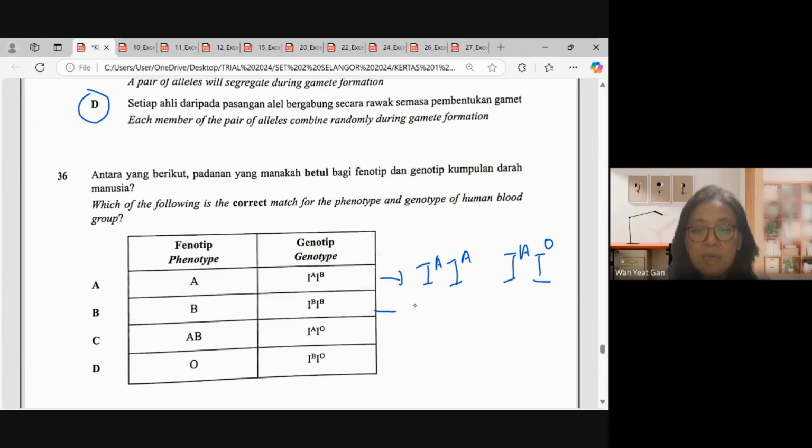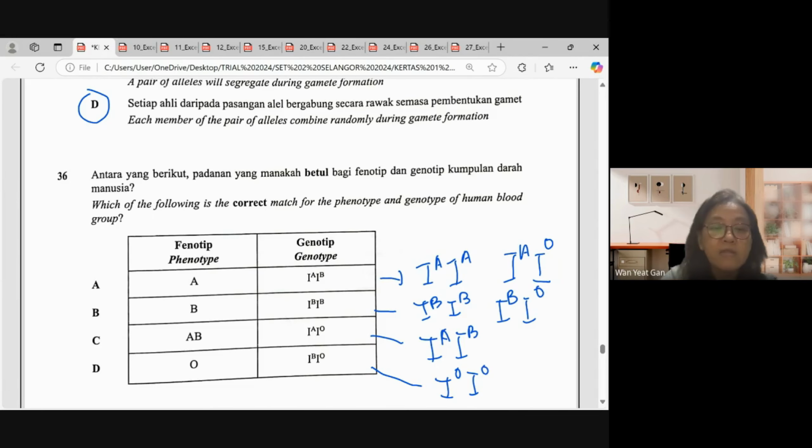For B, it can be IB IB and IB IO. For AB, there's only one option because A and B are codominant, and for O it is IO IO. So the correct answer is B.